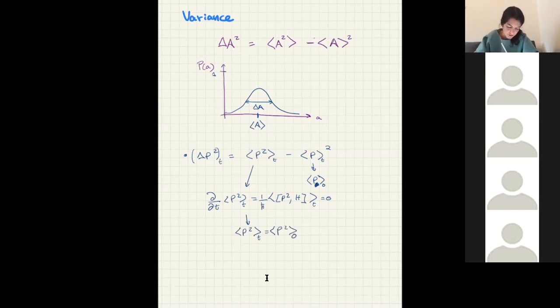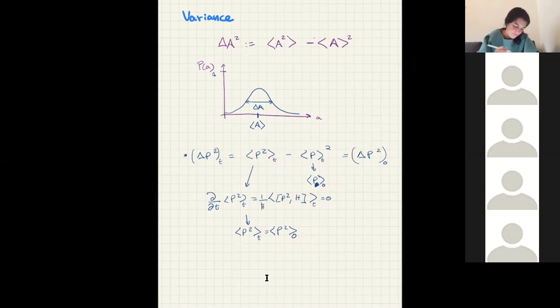So if these two values are just the initial values, then the variance is just the initial variance at time 0.